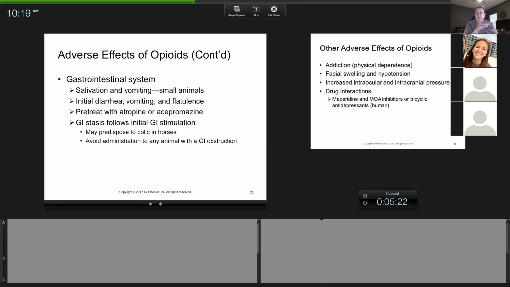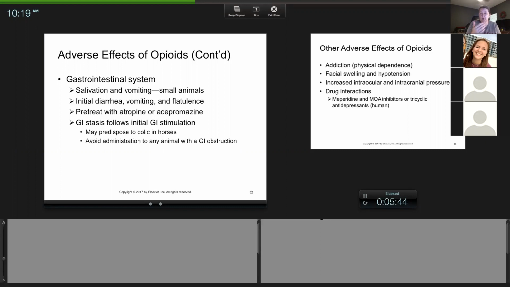But what we worry about when patients get opioids for continued days is GI stasis. So now we've got the opposite problem. Stasis is standing still. So we can get constipation. So we go from one side to the other.